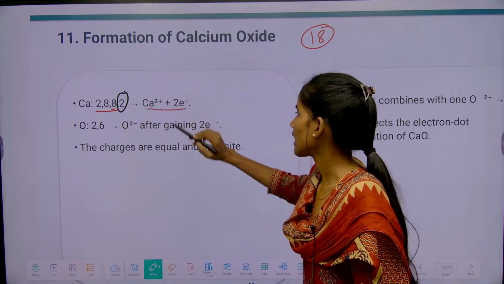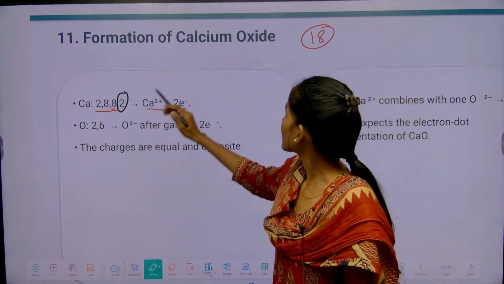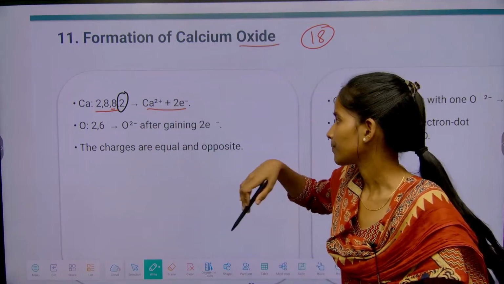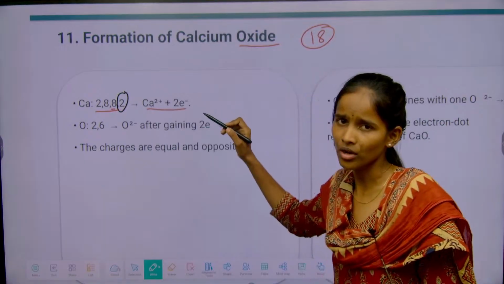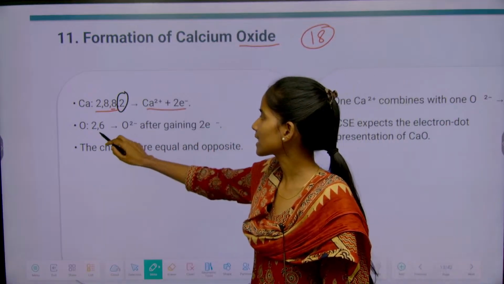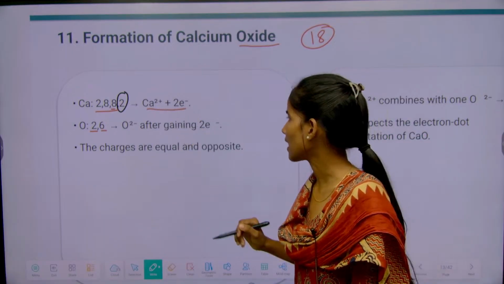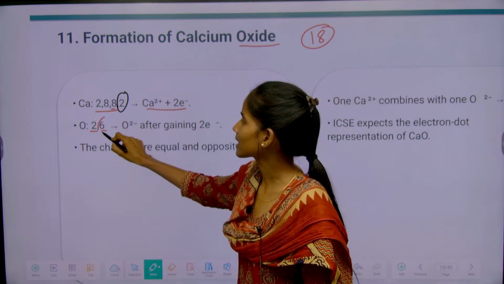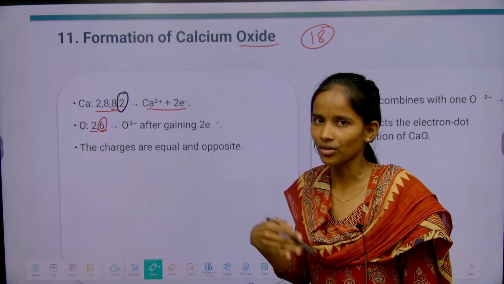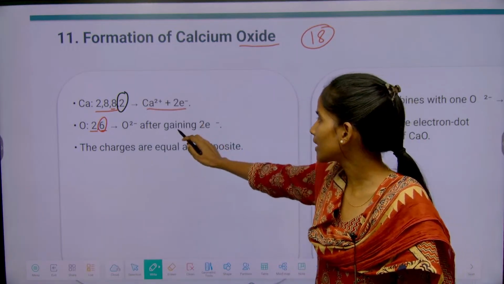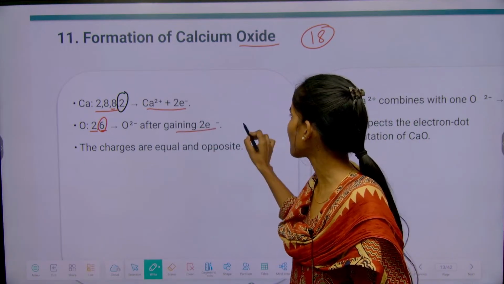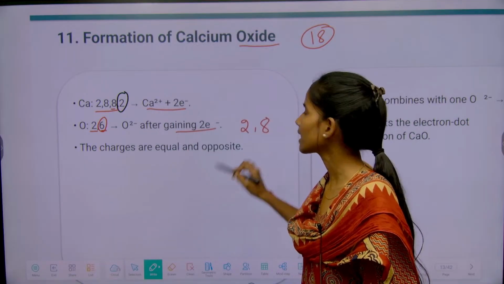So this is what I have represented here. Next, oxide means oxygen. What is the atomic number of oxygen? 8. Its configuration is 2, 6: in K shell 2 electrons, L shell 6 electrons. So it needs 2 more electrons, right? After gaining those 2 electrons, it will get 2, 8 configuration.